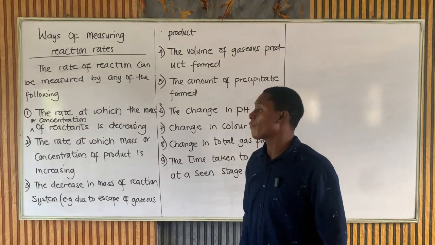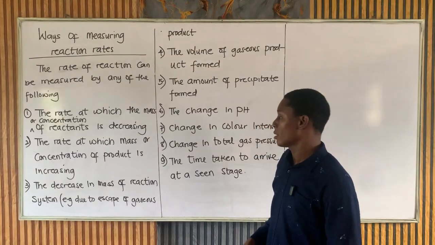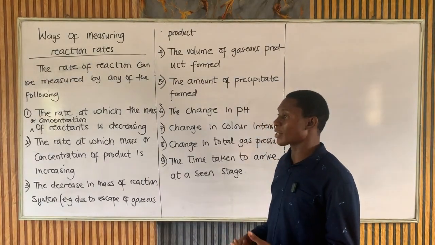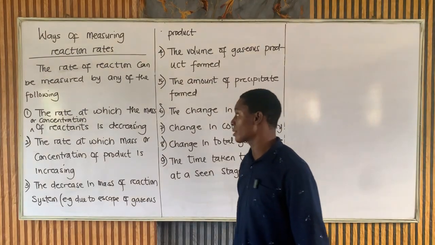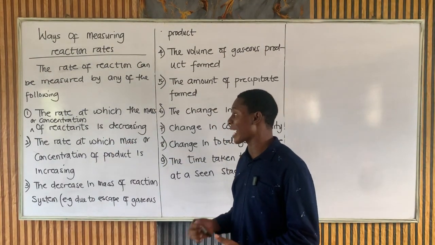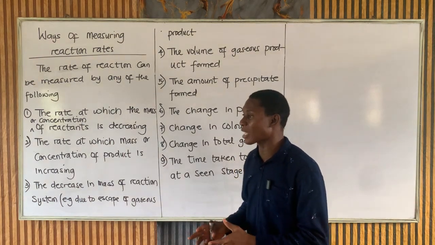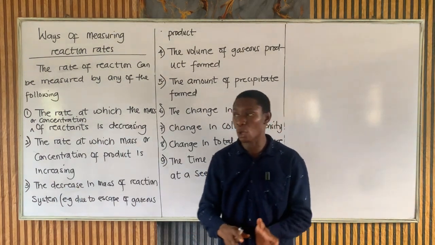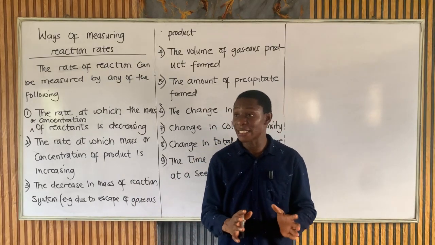Ways of measuring reaction rates. The rate of reaction can be measured by any of the following means. One, the rate at which the mass or concentration of reactants is decreasing. We all know that during a chemical reaction, the reactant is being converted to product, so definitely the reactant is decreasing.